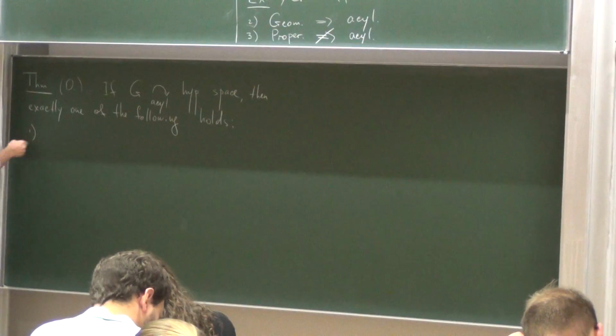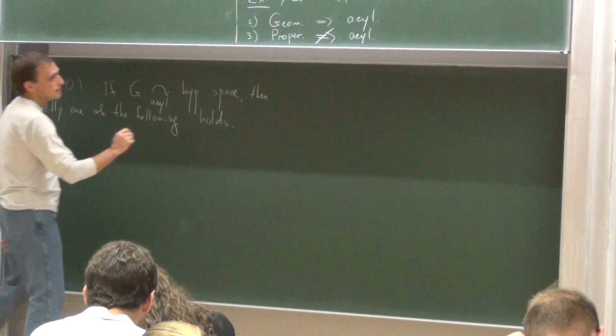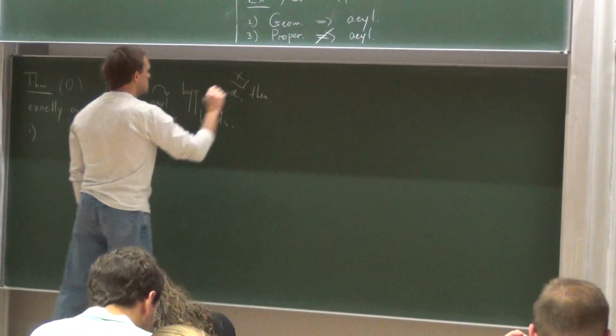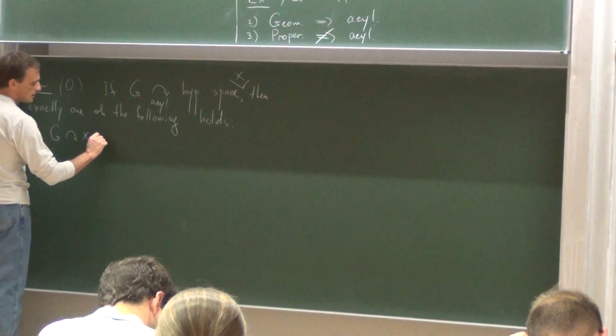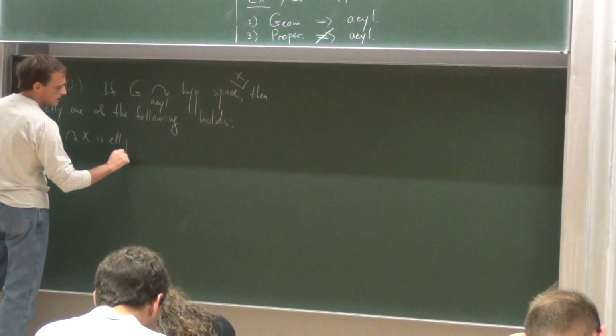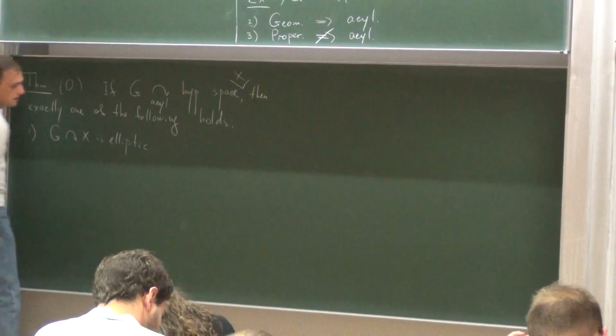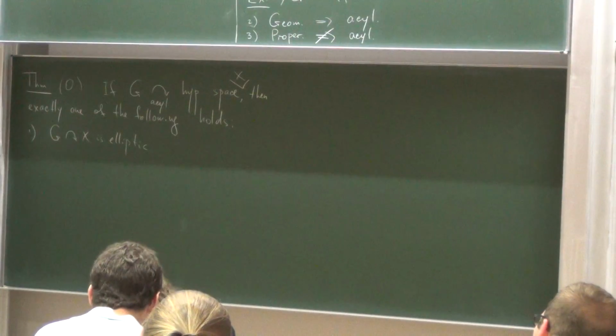The first possibility is that the action of G on X is elliptic, which means it has bounded orbits.